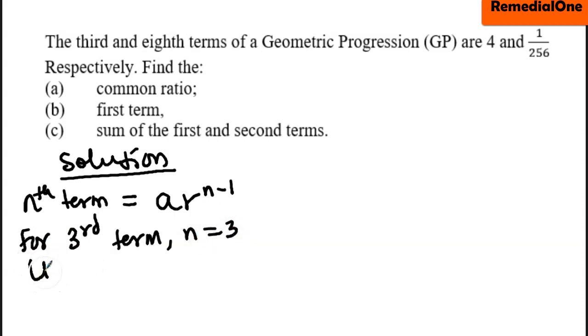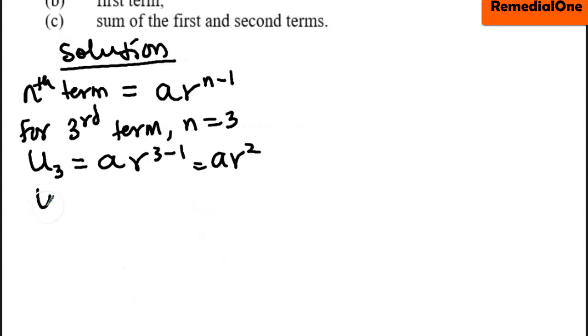So U3 is equal to A R to the power 3 minus 1, which is A R raised to the power 2. Now A is the first term and R is the common ratio. The eighth term, U8, will be A R to the power 8 minus 1, which is the first term times the common ratio raised to the power 7.